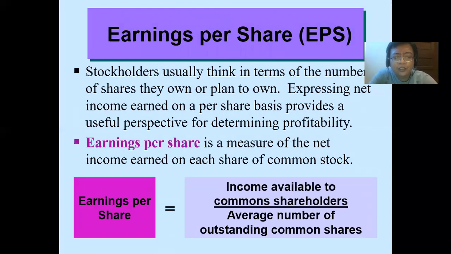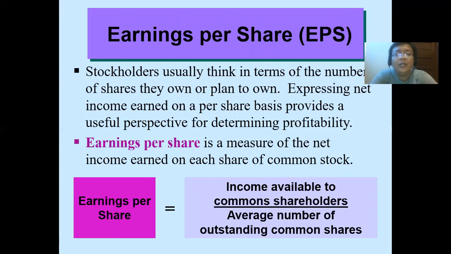Earnings per share also is part of your profitability. Again, why? Earnings per share belongs to common stockholders' equity. That's why the formula is income available to common shareholders divided by average number of outstanding shares. Why? Because it expresses the net income earned per share for the purpose of determining your profitability. How about if you have preferred stock dividends?